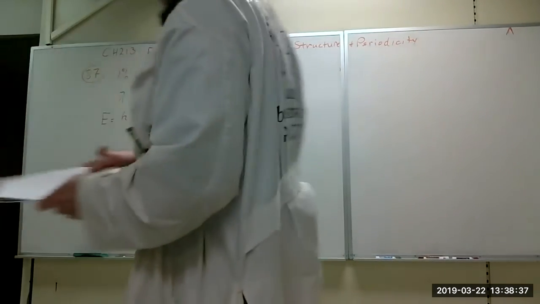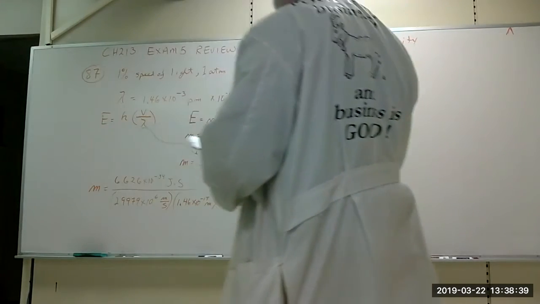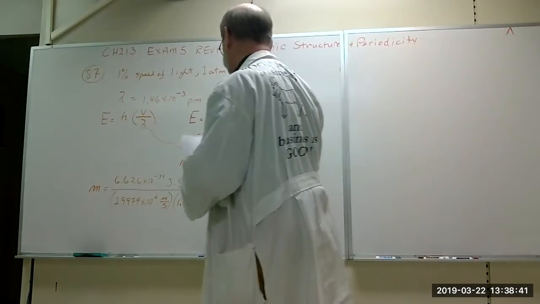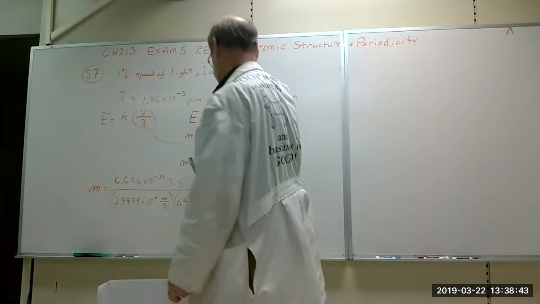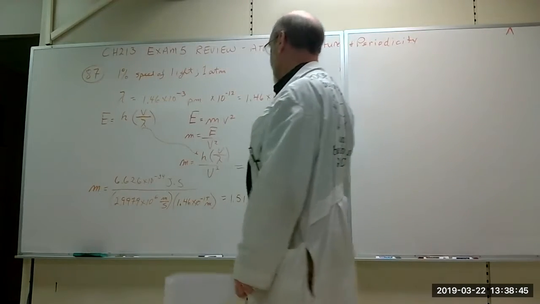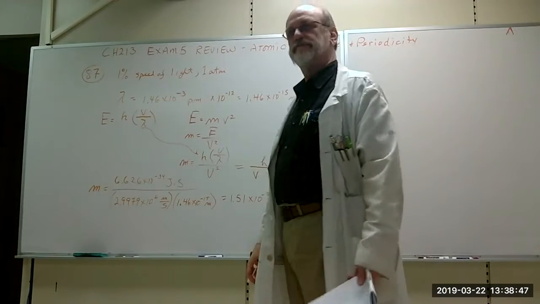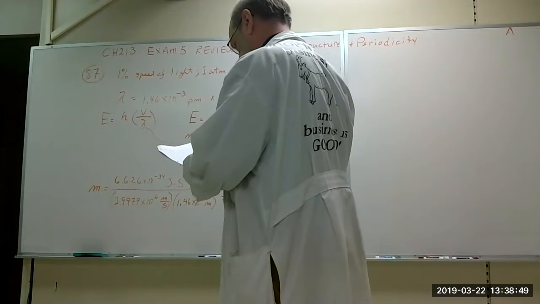So in E equals mc squared, the mass is in kilograms. Yes. The mass is always in kilograms. That's right.